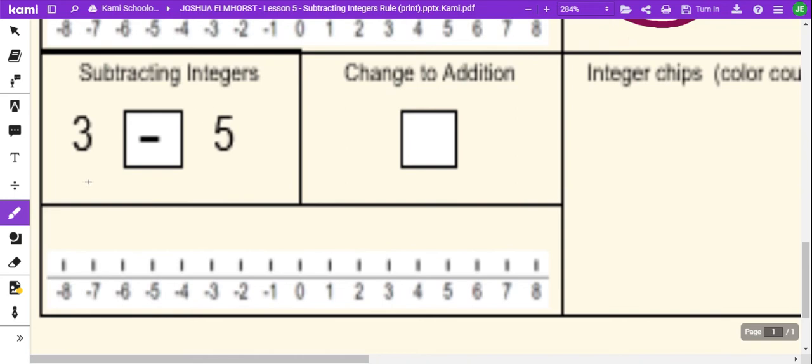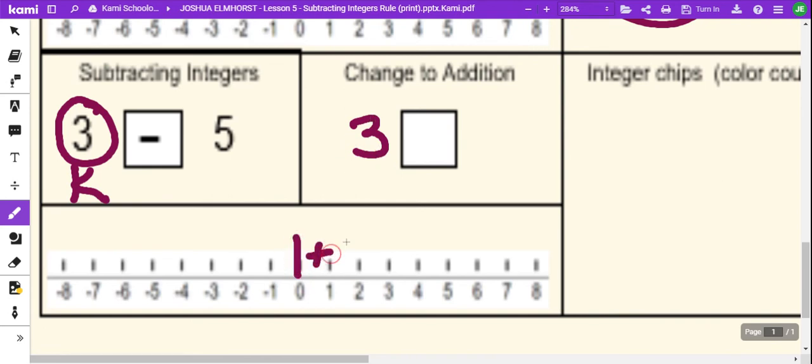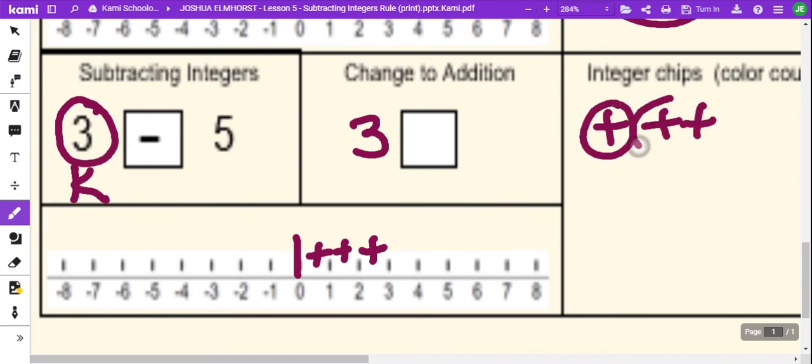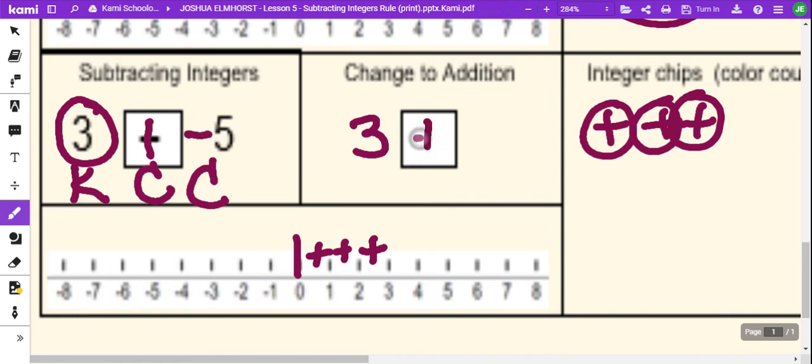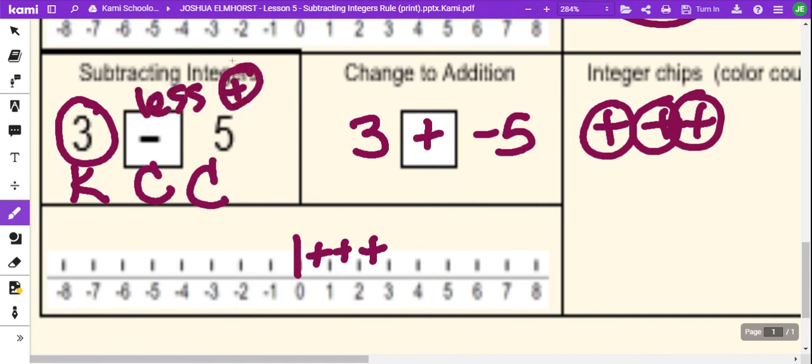So now we're just going to use the strategy. Once we get the hang of it, keep the first integer. I have 3 positives. Change. I am going to get less positives.